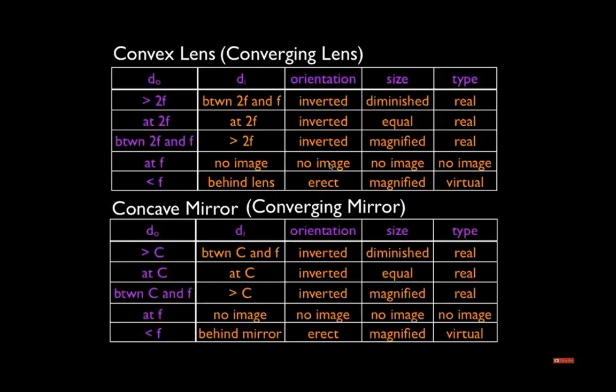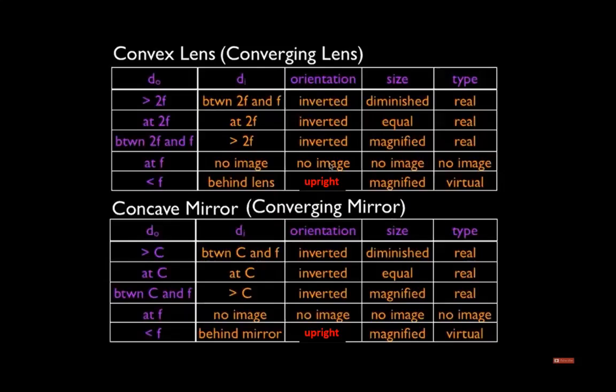Now, the one thing I might change, in the terminology that we've used versus what's on this table, is when we get to orientation, we don't really talk about erect. The term we typically use is upright, so if you're filling out this table, you can use the term upright instead of erect.